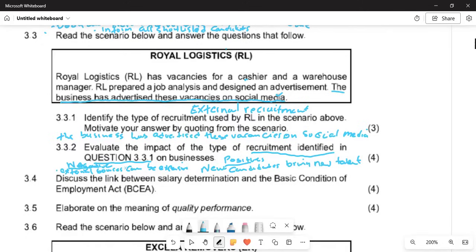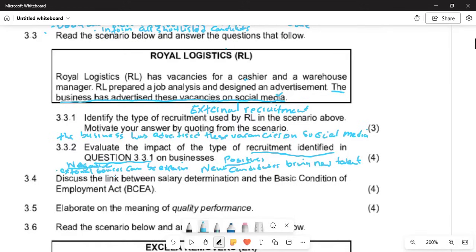external recruitment. With positives, again, we can talk about it is going to help business to meet affirmative action, that is BBBEE targets. There is a larger pool of candidates to choose from if you're going to recruit externally. There is a better chance of getting suitable candidates with the required skills, qualifications, who do not need much training, which is also going to reduce cost. But under negatives again, besides the external source being expensive, we can talk about new candidates needing time to adjust to their work environment.